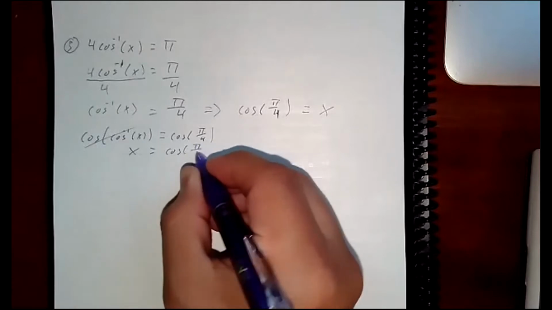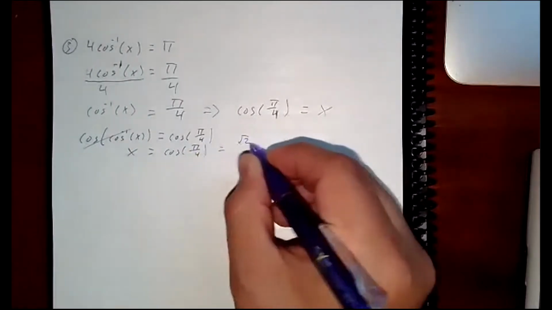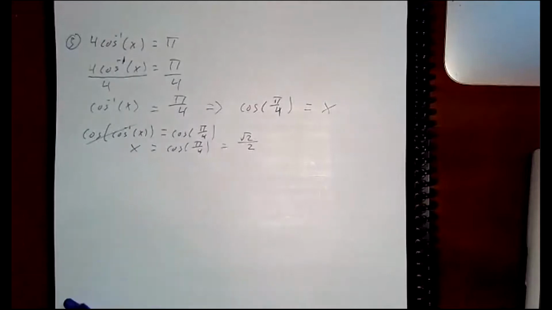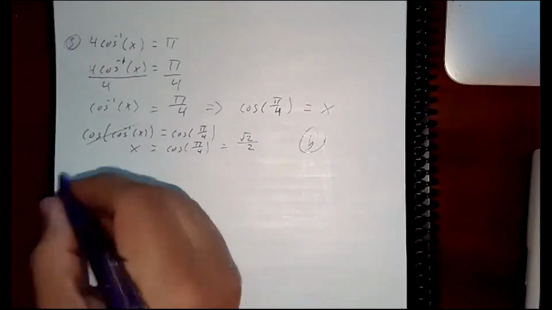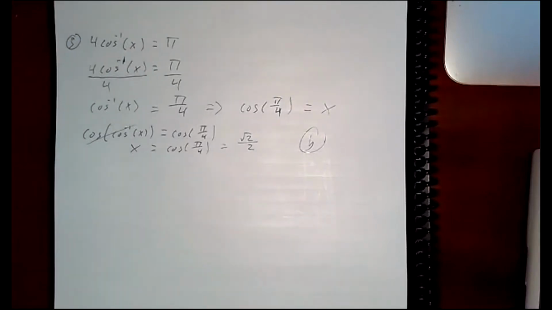This is the same deal, right? Which is going to be square root 2 over 2. So this is B from the review. Do you have any questions on 5? Okay.